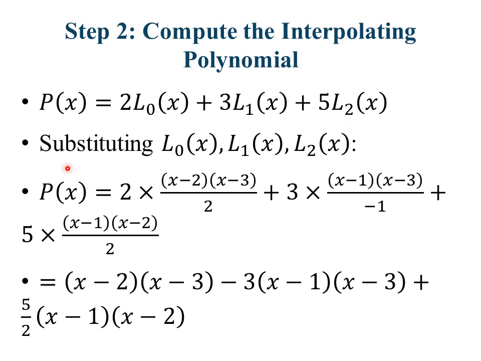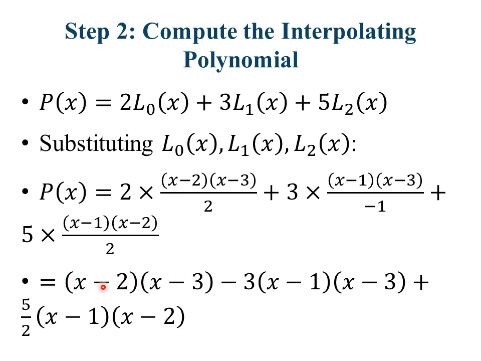Now substituting L0, L1, L2, which we found in the previous slide. Now you can see here 2 is here, L0 we write the same, plus sign is here, 3 is the same, L1 the value is L1, plus sign we write, L2 value we write, and 5 is given.